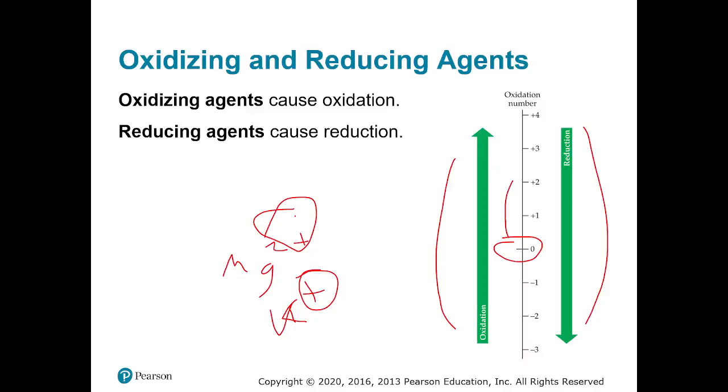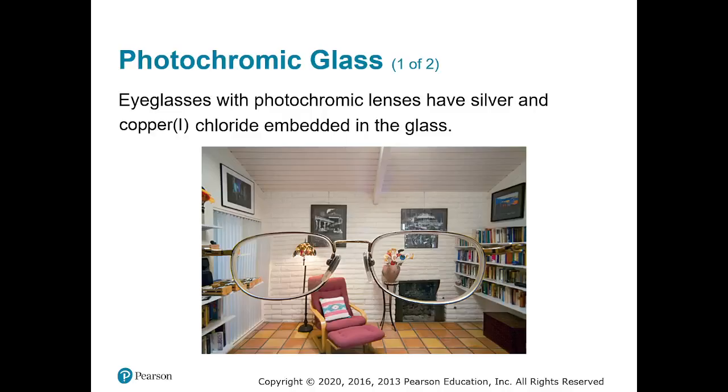So whenever we were looking at our monoatomics, where we just had one atom, this oxidation number is actually the same as the charge. It's only when we have stuff that's more complicated that the oxidation number becomes very important, because the charge is not so obvious. Let's go ahead and look at some more examples, though. It's a bit more interesting to look at examples.